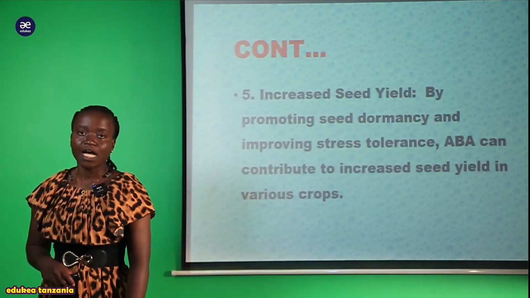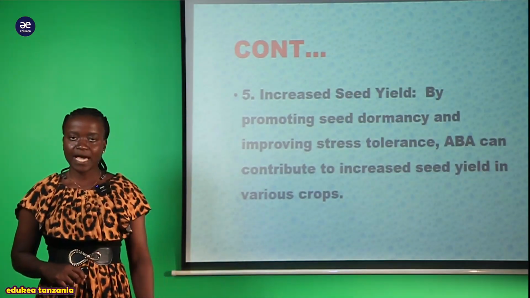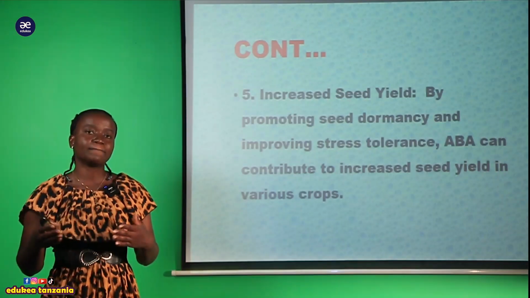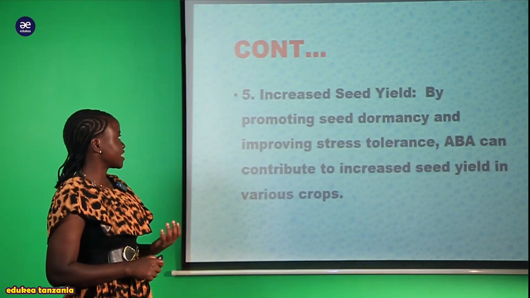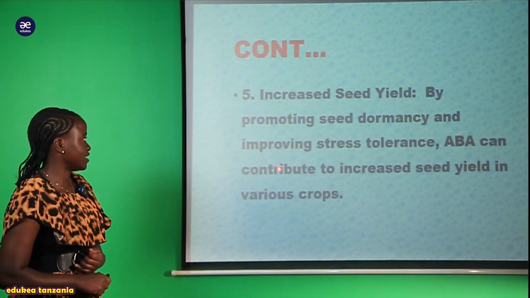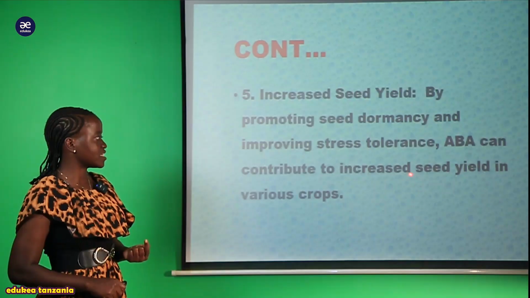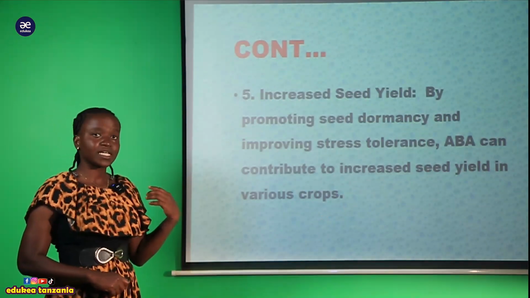And another role or another function here, we can say that it increases seed yield. Pia hii inasababisha kuongezeka kwa mazao au kwa mbegu, kuongezeka kwa wingi zaidi. Here we are saying that by promoting seed dormancy and improving stress tolerance, ABA can contribute to increase the seed yield in various crops.